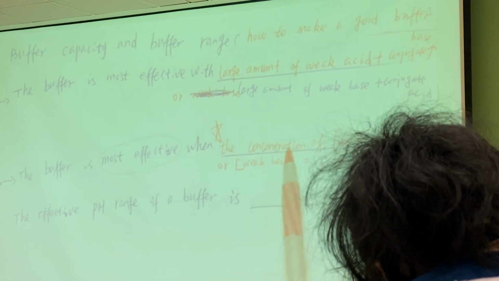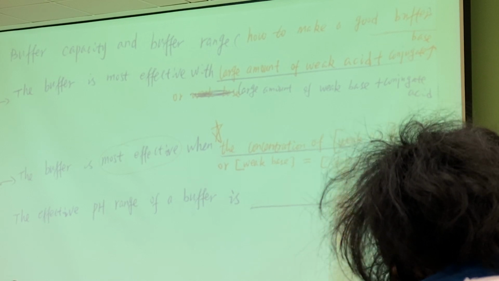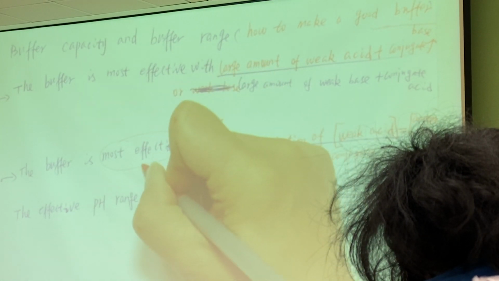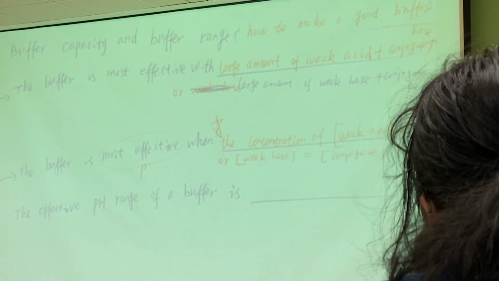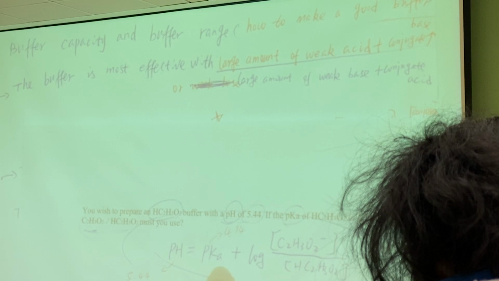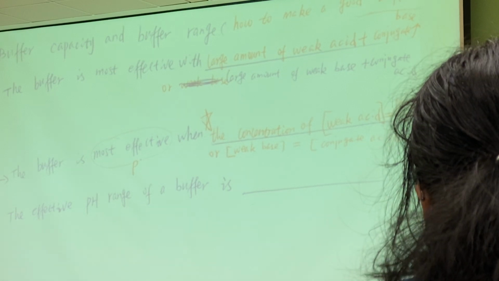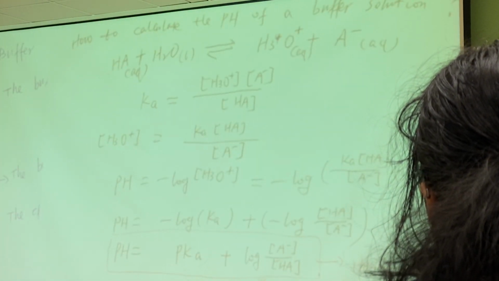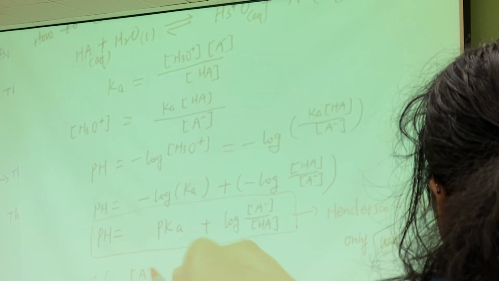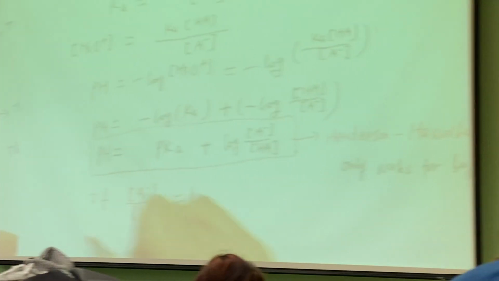So through the Henderson-Hasselbalch equation, we know when the concentration of acid equals base, no matter weak acid and conjugate base or weak base and conjugate acid, what happened to pH? If A over A equals 1, what happened to pH?